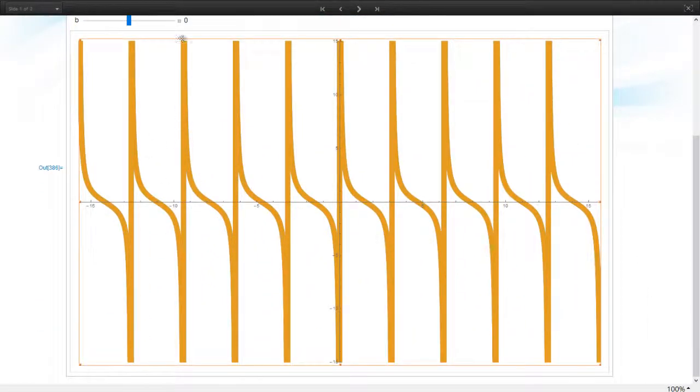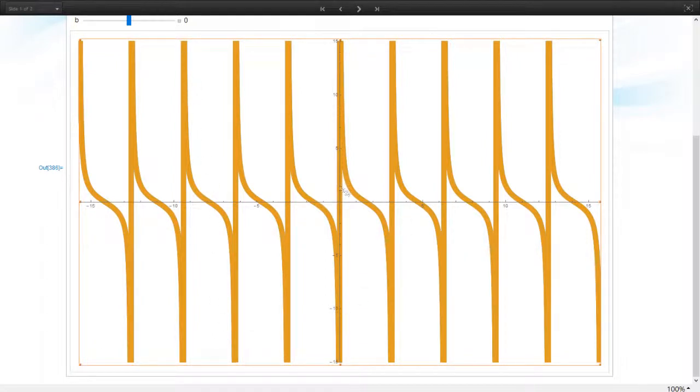Each one of these pieces of the tangent graph started on the left side at the bottom and went up to the right side, diagonally. Cotangent goes down diagonally to the right instead.